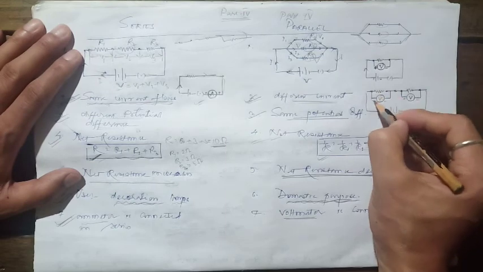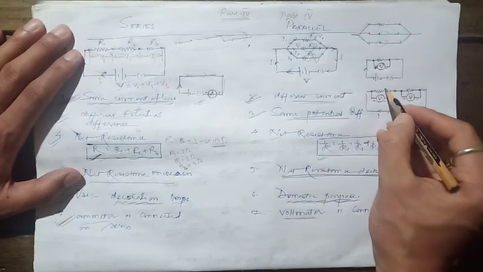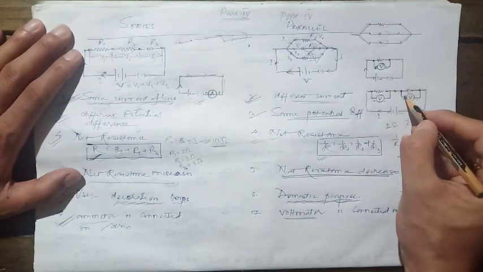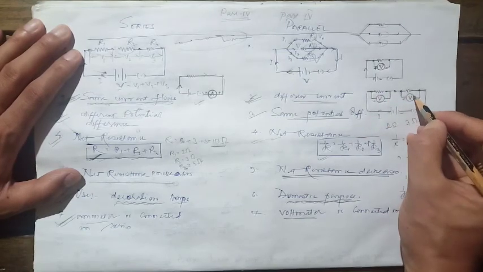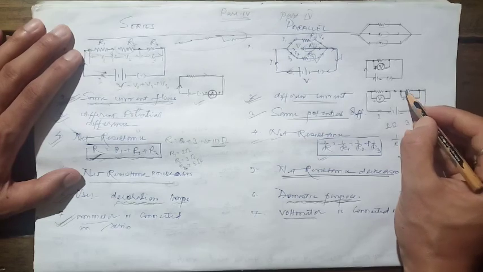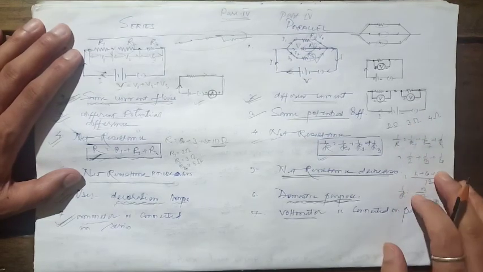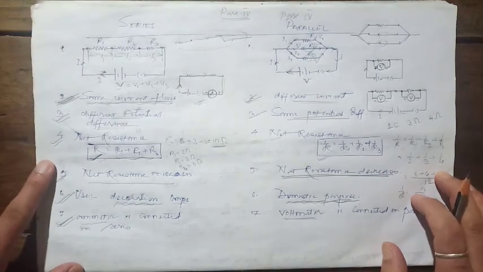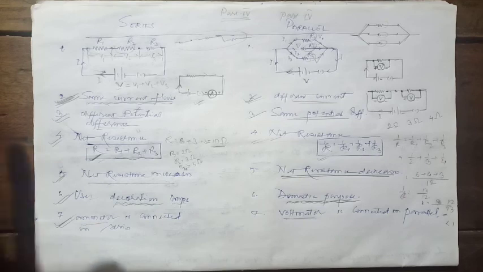If the voltmeter is connected here, it measures the potential difference developed across this resistor. So students, I hope you understood how we connect the voltmeter and what care must be taken to properly connect the voltmeter and the ammeter in a circuit.